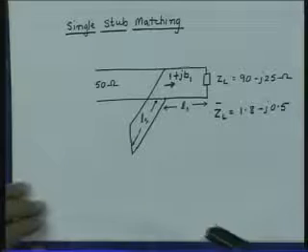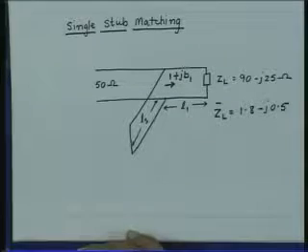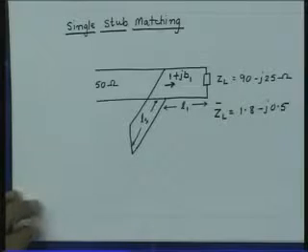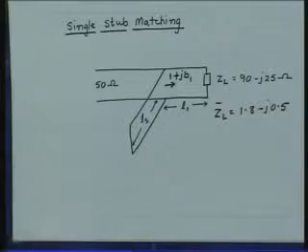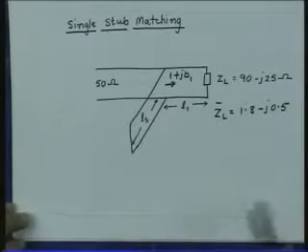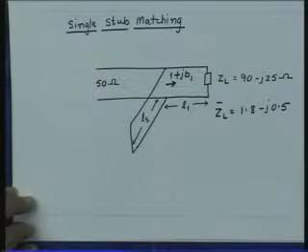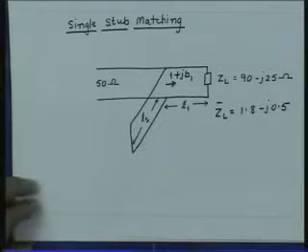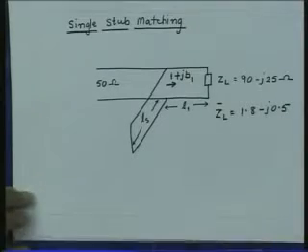While calculating the length of the stub, remember, since the chart has become admittance chart, the short circuit point is the rightmost point on the chart and the open circuit point is the leftmost point on the chart. So, move on the chart from the reactance value which you want to match up to the short circuit point, and you will get the length of the stub. So, these are some of the problems which can be solved very easily with the help of the Smith chart.